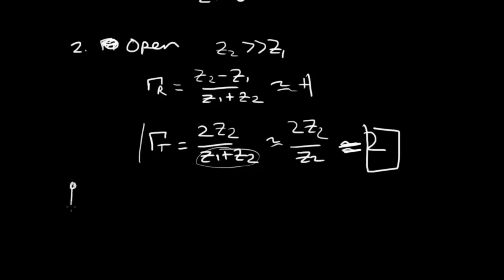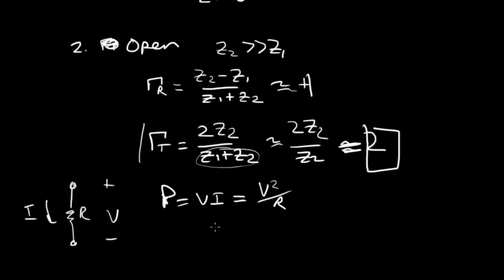If you had a resistor with some resistance R, a voltage across it, V, and some current through it, I, what is the power dissipated in that resistor? Well, power equals VI, or it equals V squared over R.